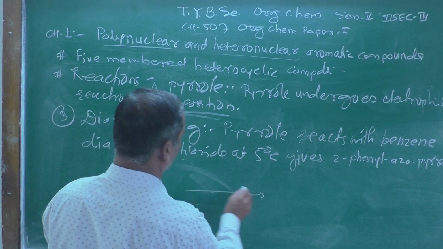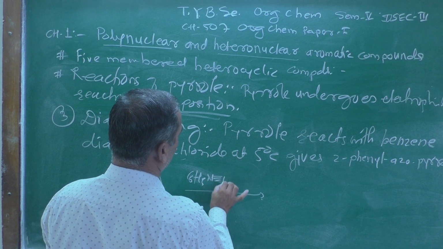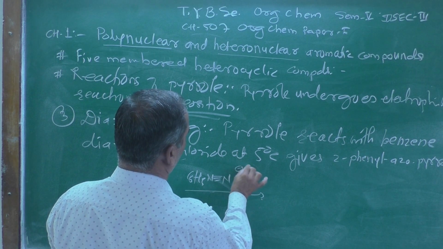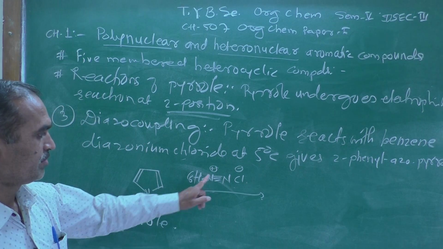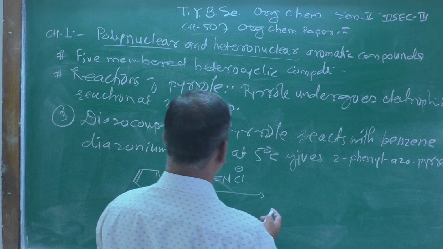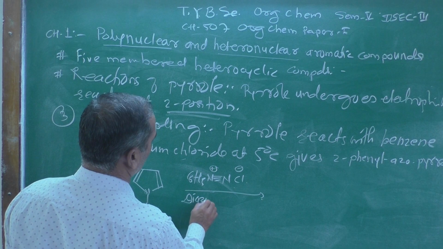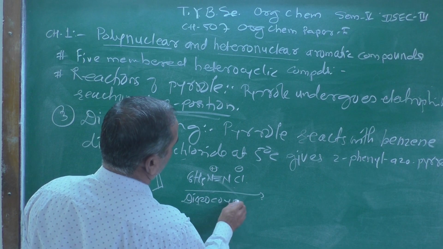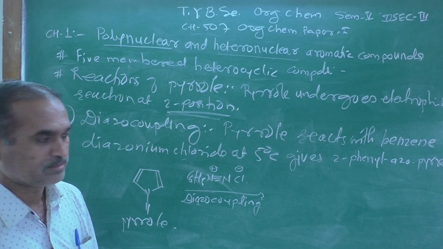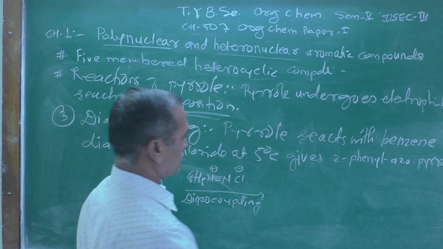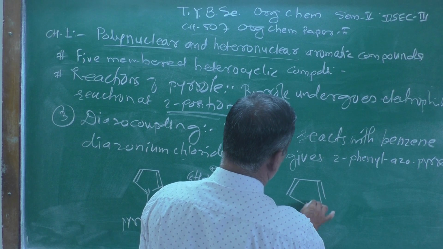When it is treated with the diazonium salt C6H5, N double bond, N triple bond, Cl minus charge on chloride and positive charge on the middle nitrogen atom, because it has 4 bonds, this is a diazo coupling reaction, and the reaction is going to occur at the 2 position.